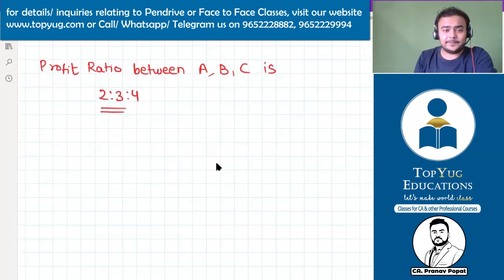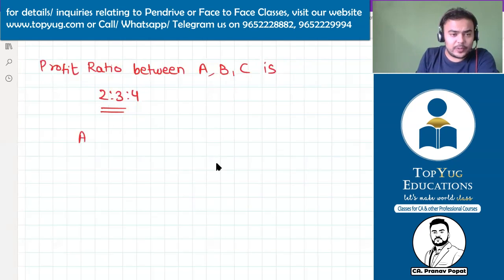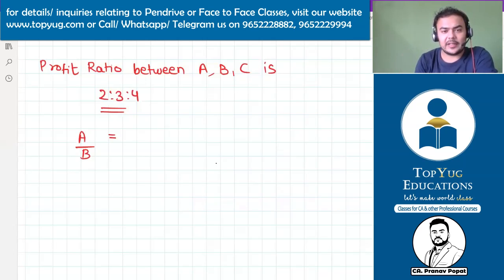Now tell me, what does this mean? This means that the ratio between A and B is, what is the ratio between A and B? No, no, no. I'm asking a number. The ratio between A and B is 2 by 3.